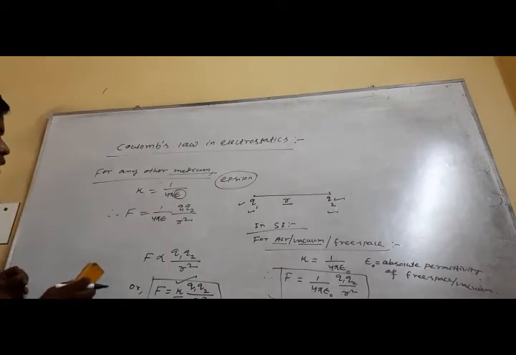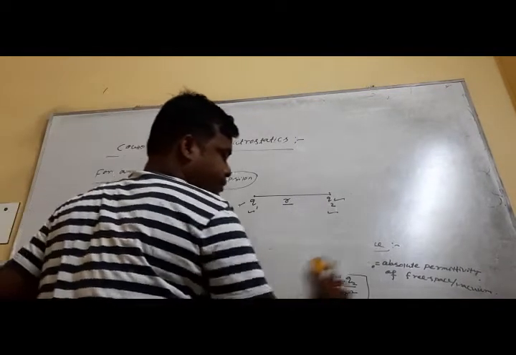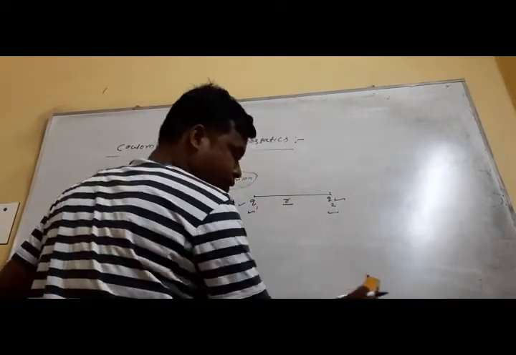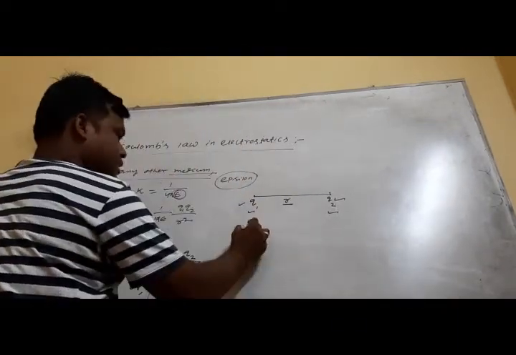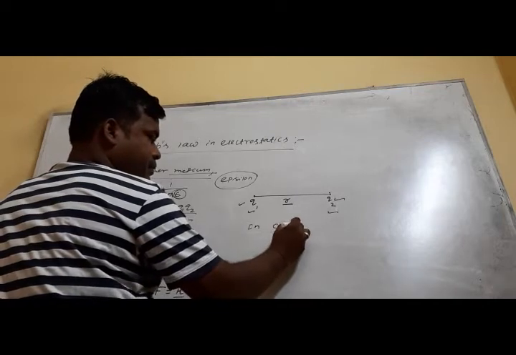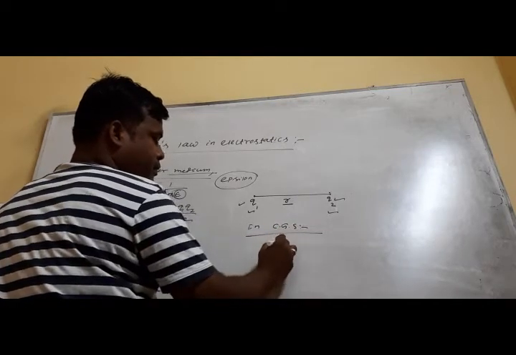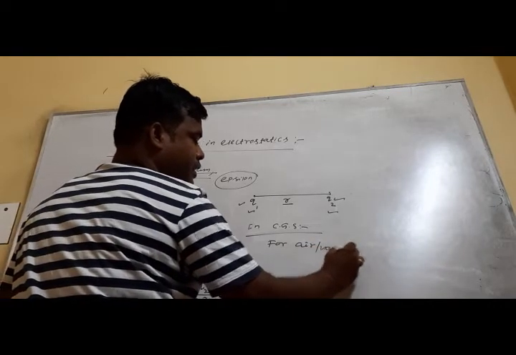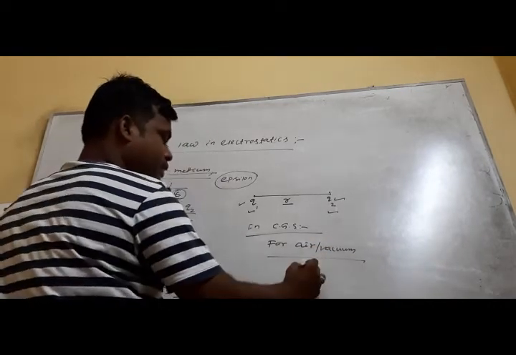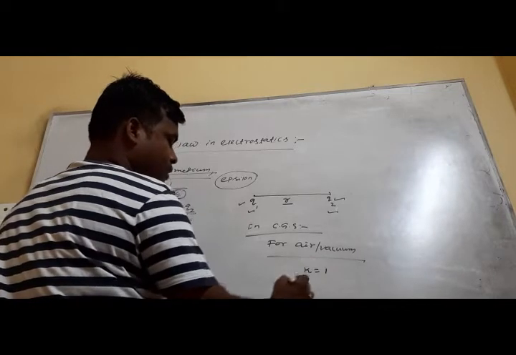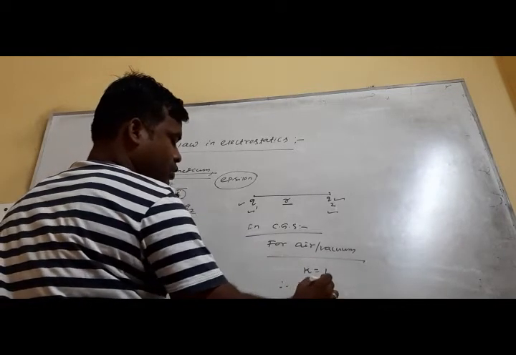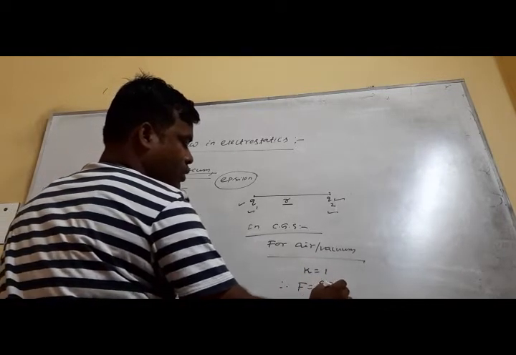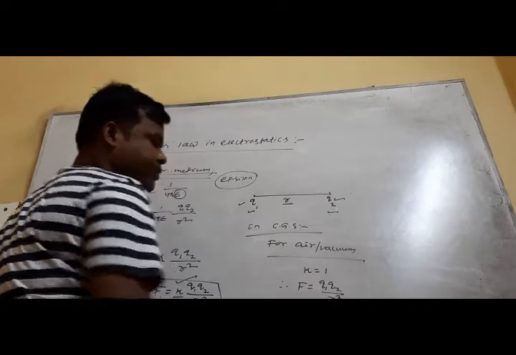So let us come to the CGS unit. In the CGS system, for air or vacuum, you remember this small k is 1. Therefore, F is equal to Q1 Q2 by R square.